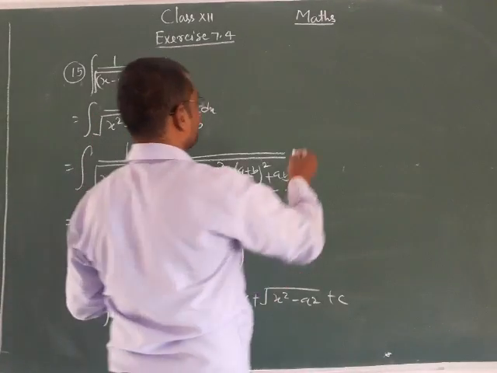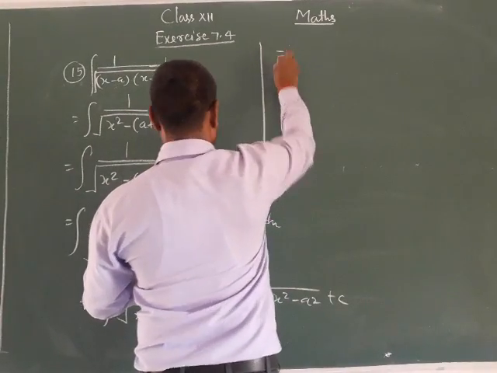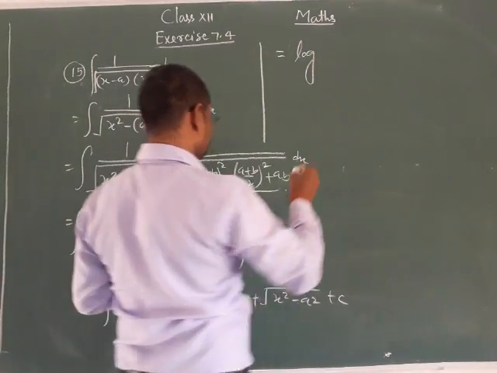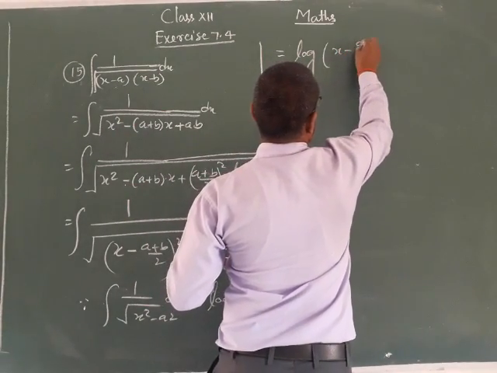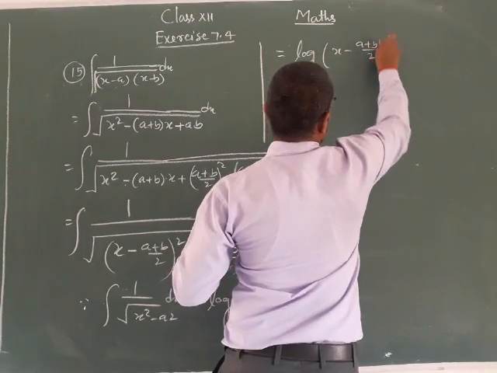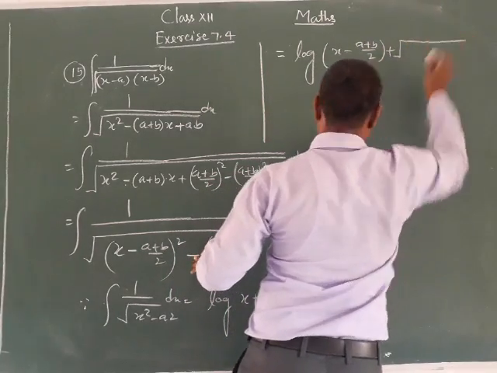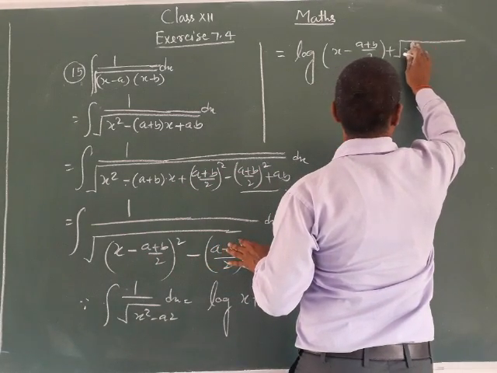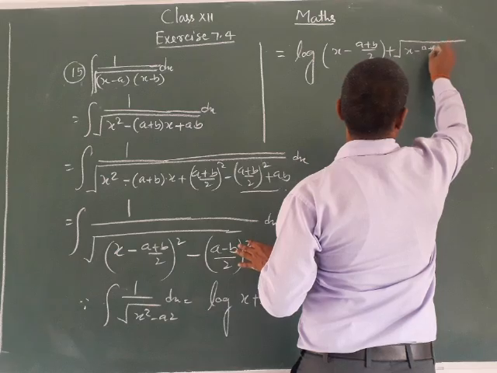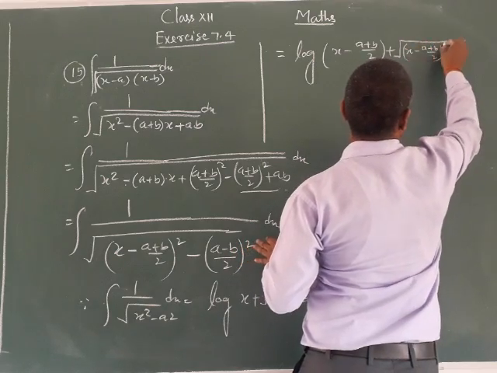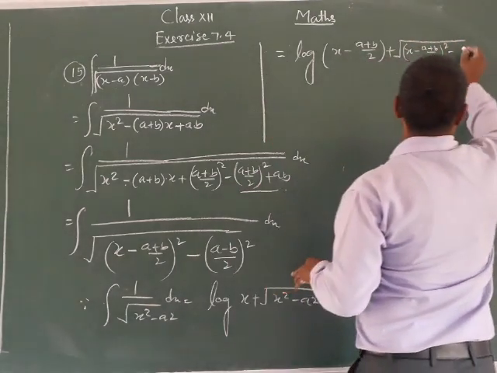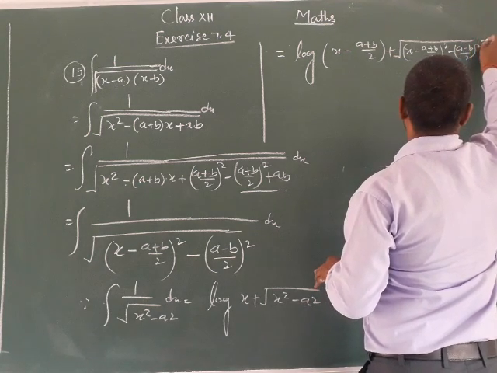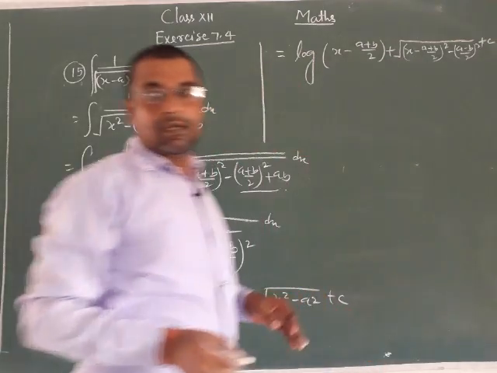We get log of x minus (a plus b) upon 2, plus root of (x minus (a plus b) upon 2) whole square minus ((a minus b) upon 2) whole square, plus c.